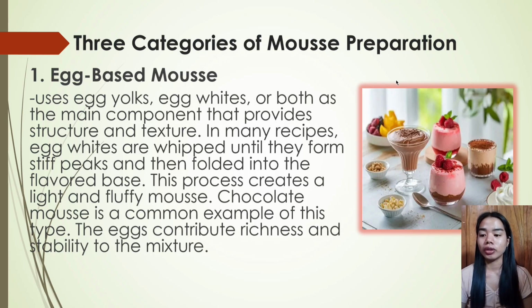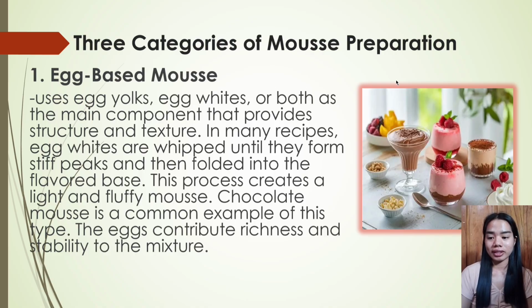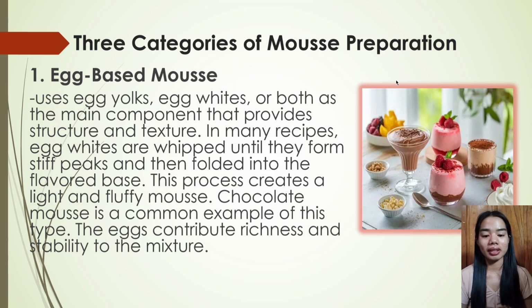So we have here the first one, the egg-based mousse. Of course, we use egg yolks or egg whites, or we can use both egg yolks and egg whites as the main component that provides structure and texture. In many recipes, egg whites are whipped until they form stiff peaks and they're folded into the flavored base.